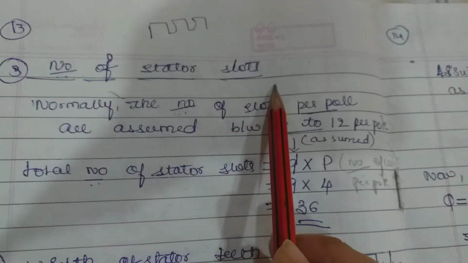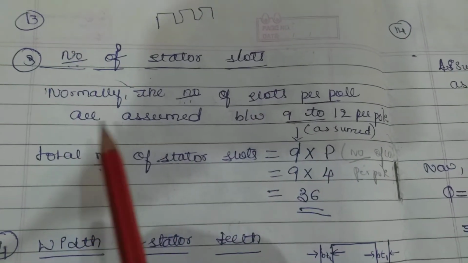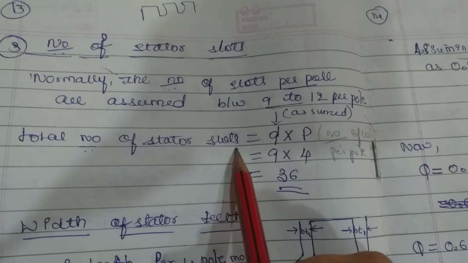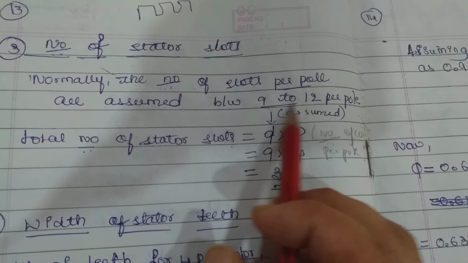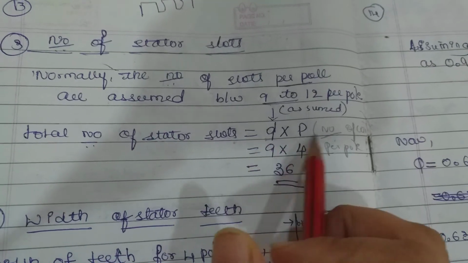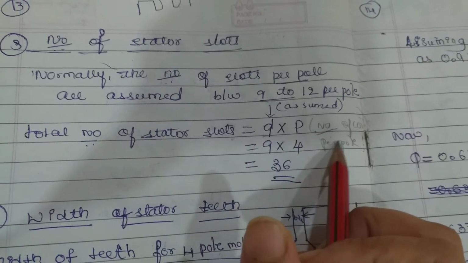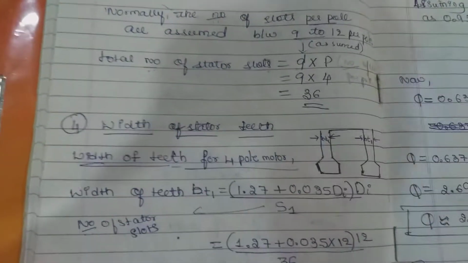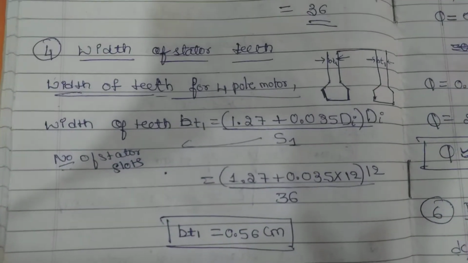Next is the number of stator slots. The total number of stator slots in a single phase induction motor is taken between 9 to 12 per pole. So 9 we have taken, into the number of poles, which is 4. 9 into 4, which is 36, is the total number of stator slots.